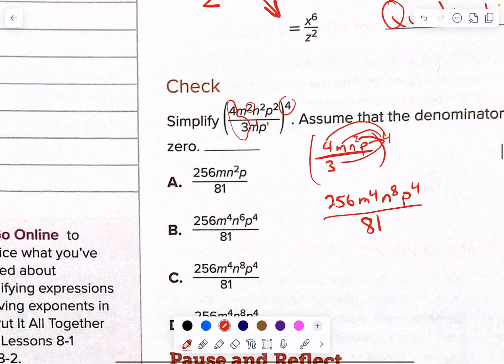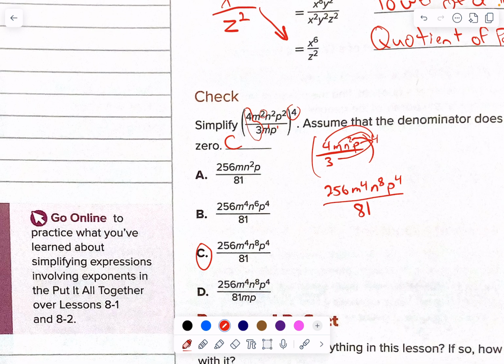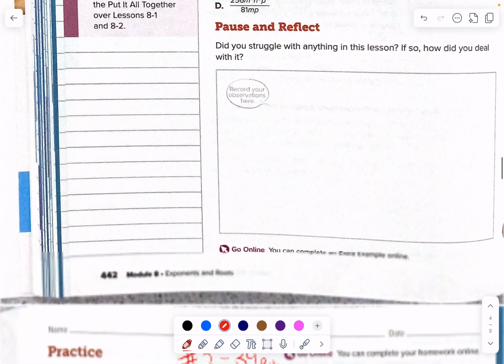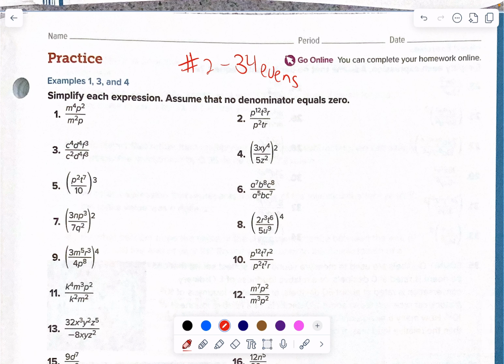So what do we got? C there, I think, matches up. Okay, so again, we're using multiple different properties there to solve. And again, you could have chosen to take the 4 to all of the pieces first and then simplified, whatever works better for you. Okay, so then for the homework, we're going to do 2 through 30 for the evens.